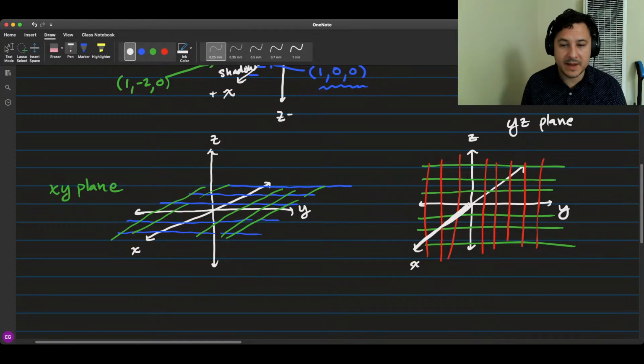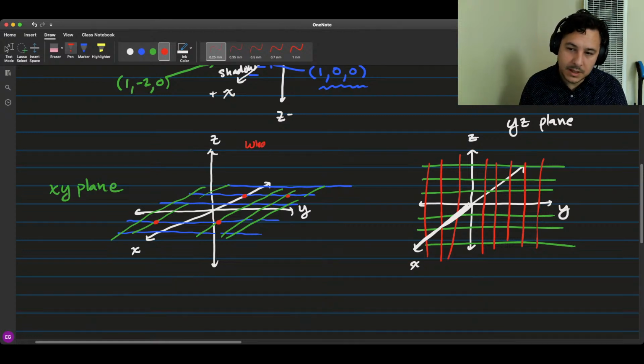If you look at the xy plane, if you choose any point on this plane, what do the z values of those points have to be? I have these red dots, they're all on the plane. So what do we know about the z value?